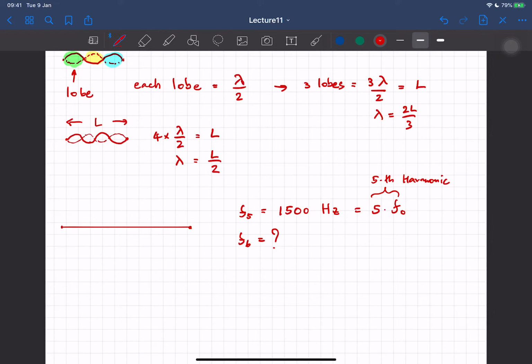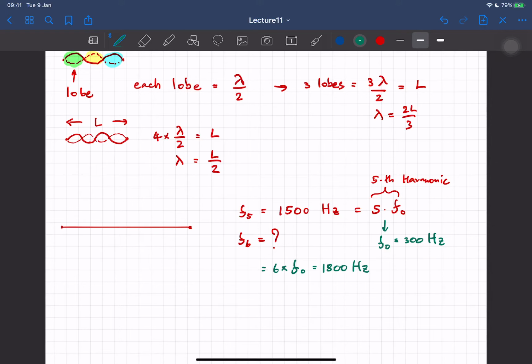Using this, you can easily see that F0 is 300 Hertz. Now our task is to find F6. Well, F6 is just equal to 6 times F0, so that's going to be 1800 Hertz. That's it. Pretty straightforward in this case.